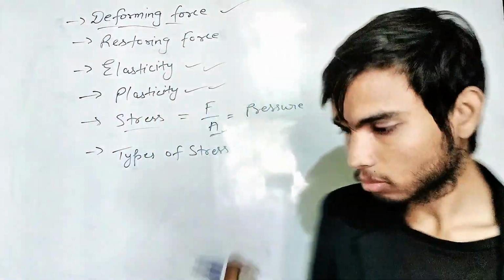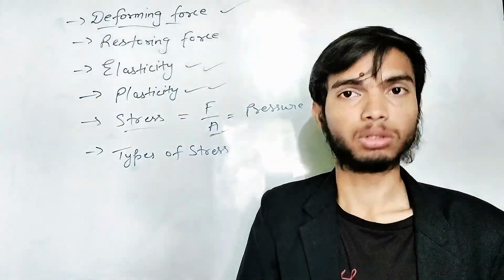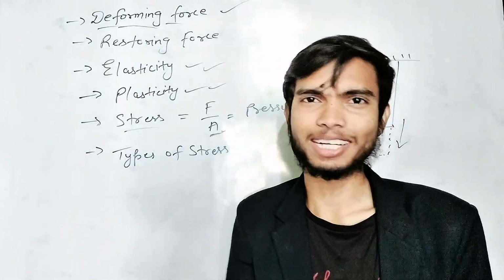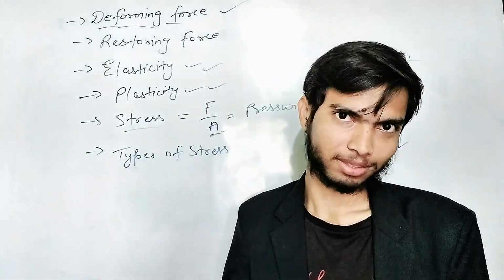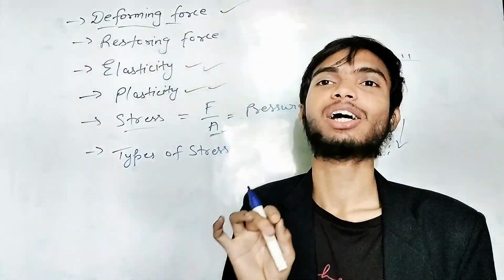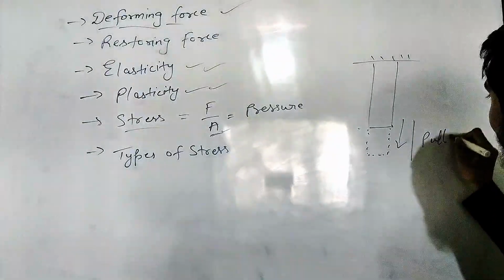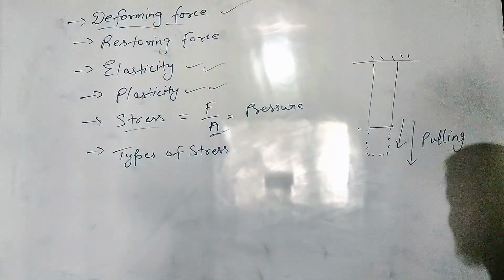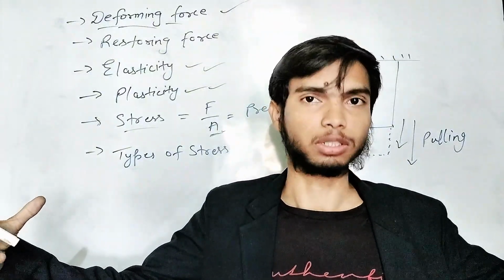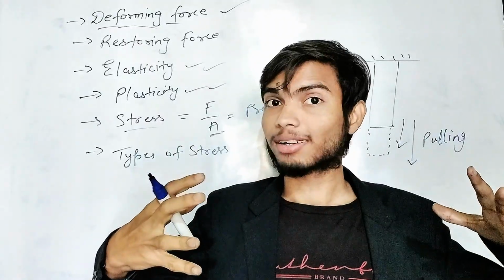Now in the longitudinal stress, as I told you, there are two more: tensile and compressive. Tensile means tension, not that kind of tension, don't think like that. Tension means pulling force. Tension means just pulling, not pushing, and compressive means pushing, not pulling.